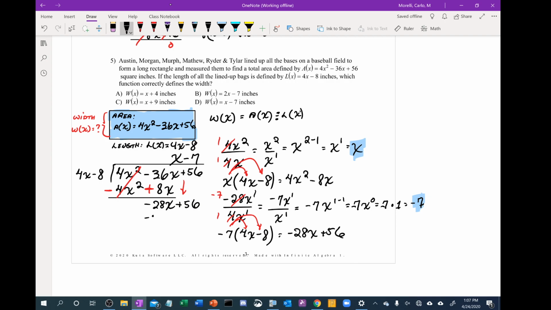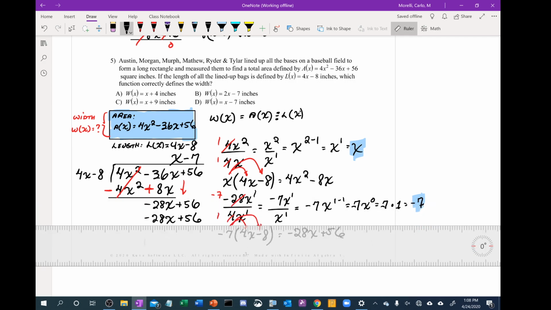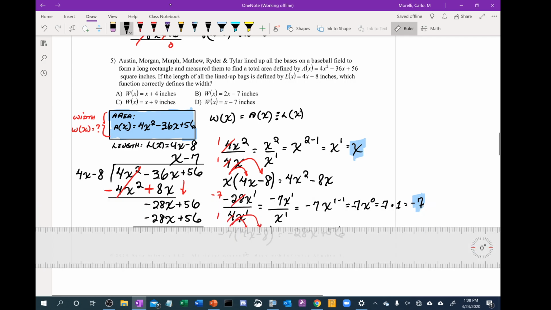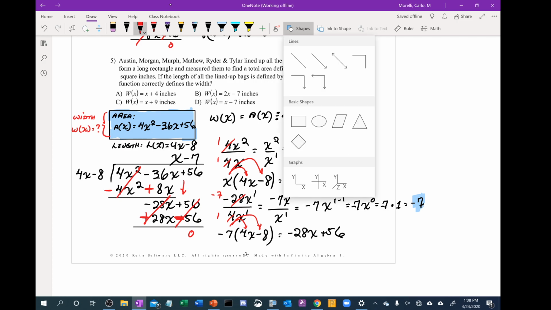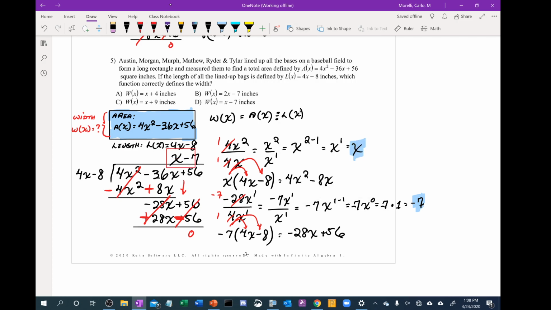That gets written under here, negative 28x plus 56. Draw a line. Change both signs. This becomes positive, this becomes negative. They both cancel. There's no remainder, giving x minus 7 as the quotient to this division problem. And that is the width. X minus 7 is the width.